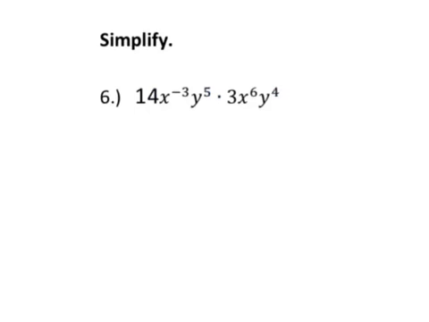Okay, we're going to simplify our exponents. I see here it's a multiplication problem, and we have coefficients. So I'm going to do my coefficients first. That's 14 times 3, and that equals 42. Then I see we have like bases, x's, and it's a multiplication problem. When the bases are the same and we're multiplying, we keep the base and we add the exponents.